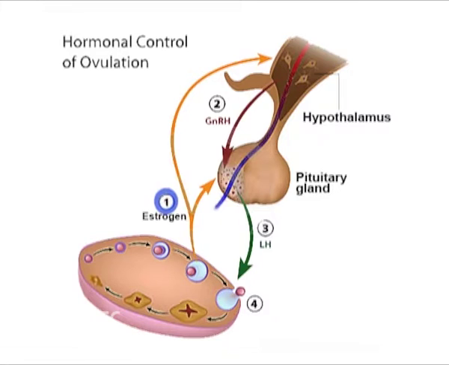FSH and LH promote meiotic maturation division of the oocyte and stimulate follicle cells to synthesize vitellogenin. Theca cells are recruited to the oocyte and estrogen production rises. The estrogen level is controlled by negative feedback and acts on the hypothalamus and pituitary gland to switch off gonadotropin releasing hormone, follicle stimulating hormone and luteinizing hormone secretion.